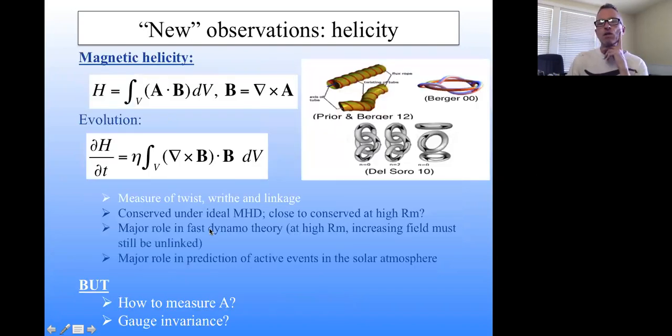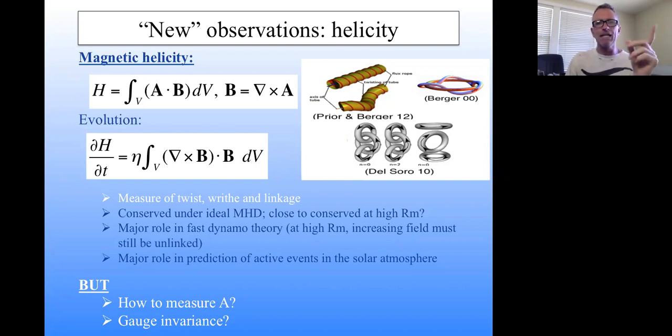More recently, there have been new observations to do with helicity. Helicity measures the different types of twistedness and connectedness of things, right? So the twist, and then the writhe, and then the linkage of things. And so we can measure various types of helicities.